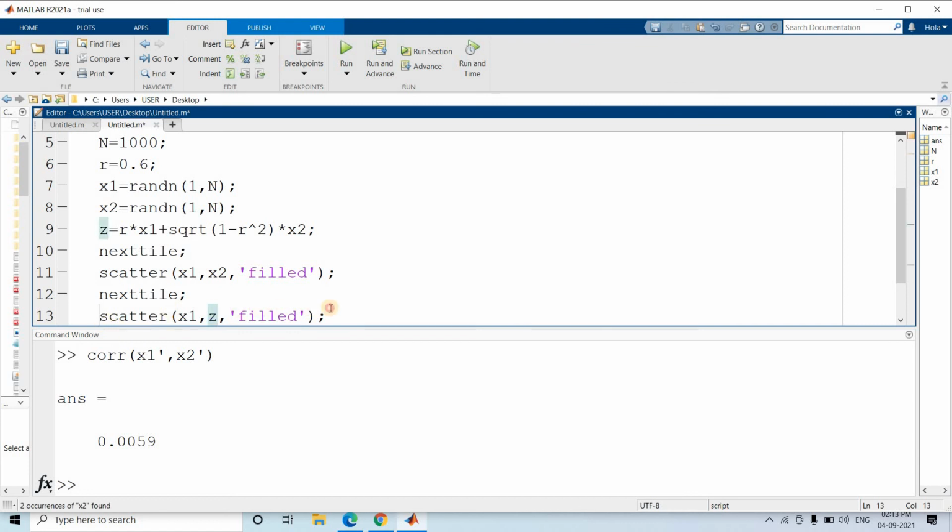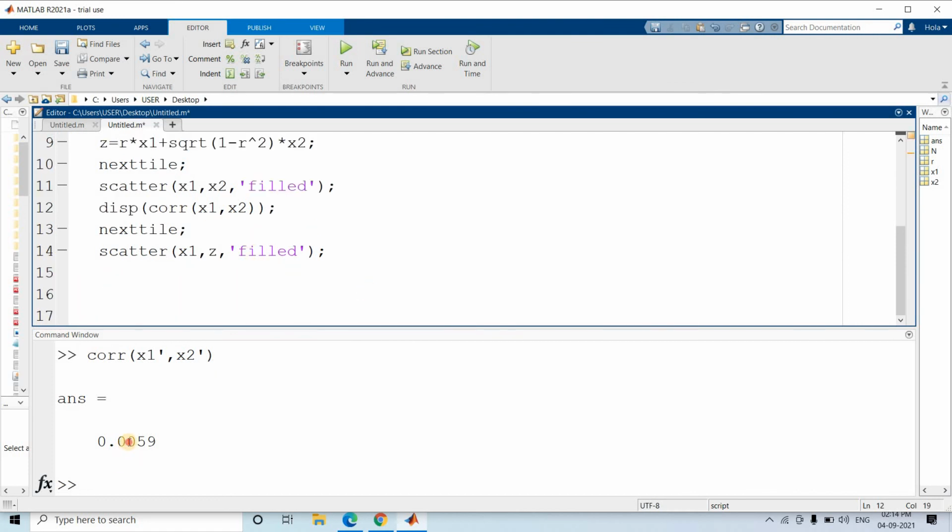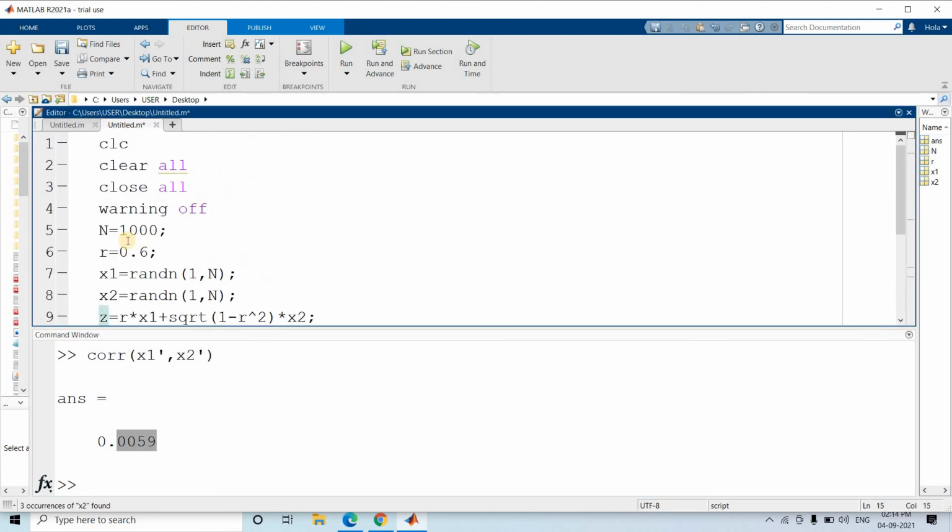This one should have a certain amount of correlation, but the first data should be completely uncorrelated. I can write disp of corr of x1 comma x2, which will display the correlation between x1 and x2, almost 0 as we have seen, and similarly the correlation between x1 and z, which should be approximately 0.6, our desired correlation.